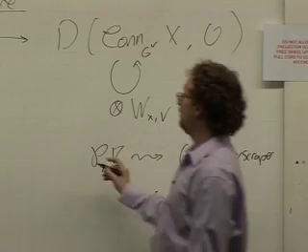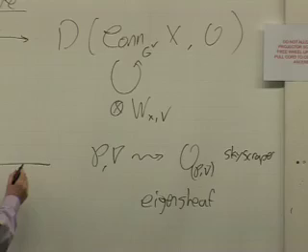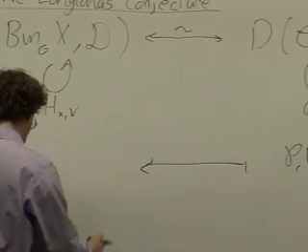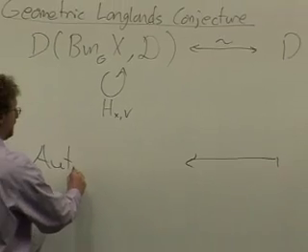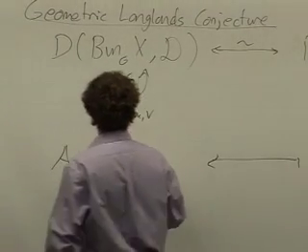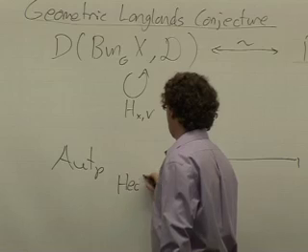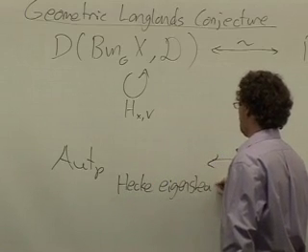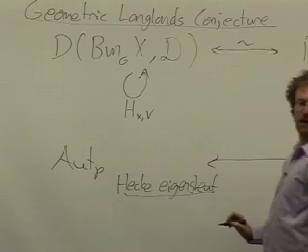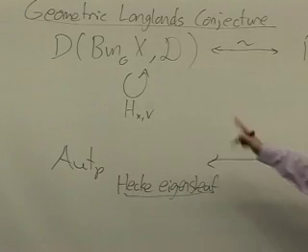If you apply any of these operators to it, you just get a vector space multiple of it. So this conjecture implies that to such a thing, I'm going to assign something called Aut P, which is a Hecke eigensheaf, or eigen D-module. It's an object here which has the exact same property.